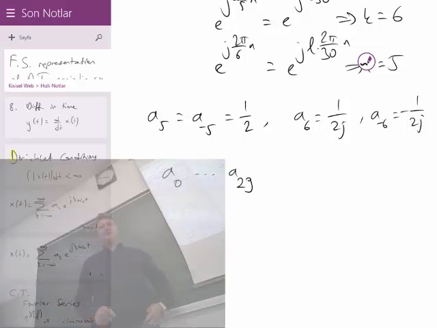So what are they? A5 and A6 are there, no problem. But we must have 2 more harmonics corresponding to 2 more Fourier series coefficients. What are their indices?